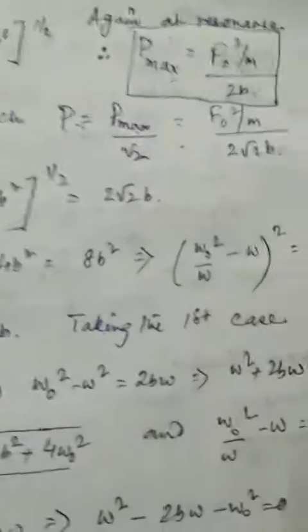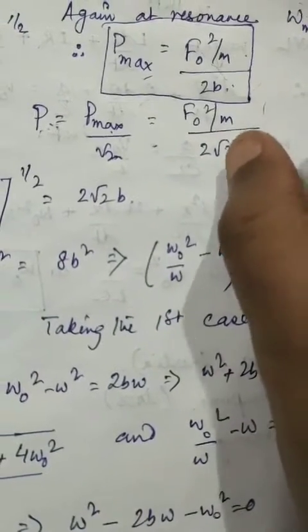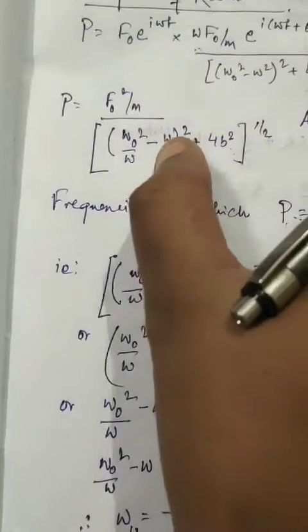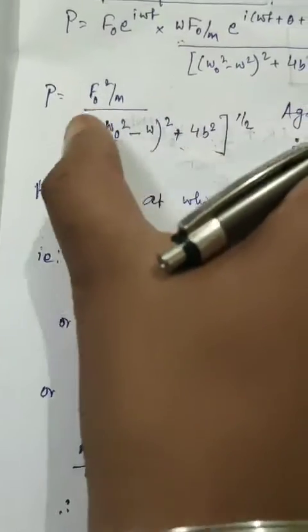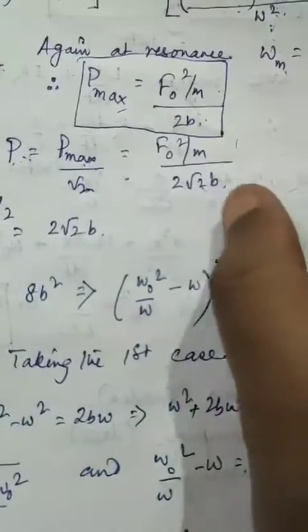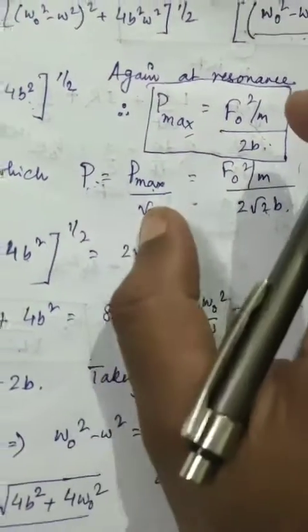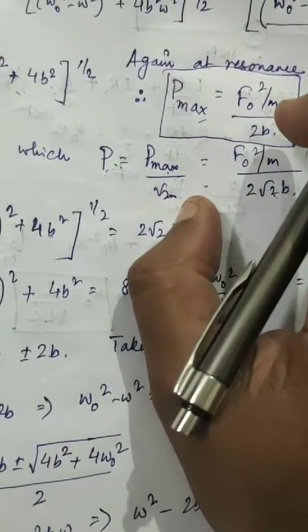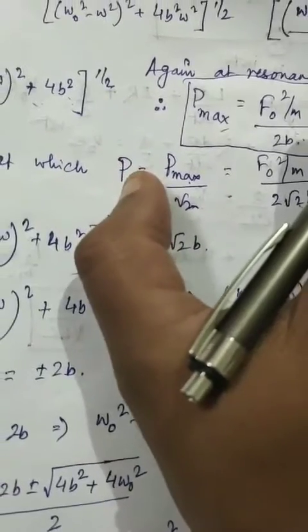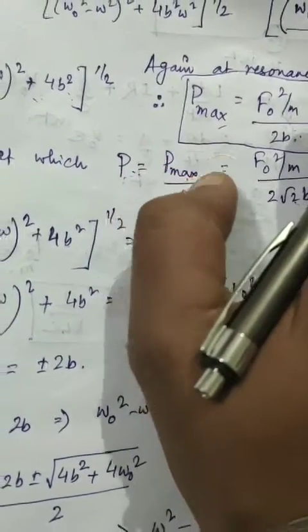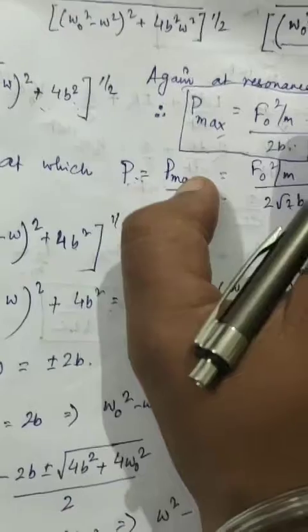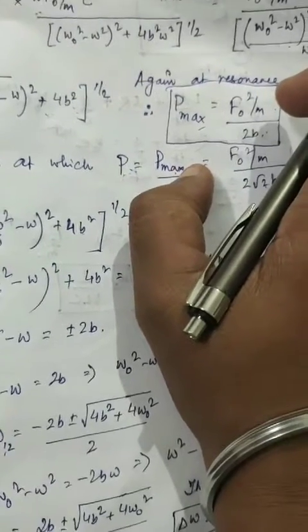This denominator must be equal to 2 root 2 of b. For what frequency omega will this denominator become 2 root 2 of b? I want to find out where the power has reduced. Remember, 1 by root 2 is 0.707, that is, the power is reducing to 70% of the maximum power. So let us say that the maximum power is 100 watt.